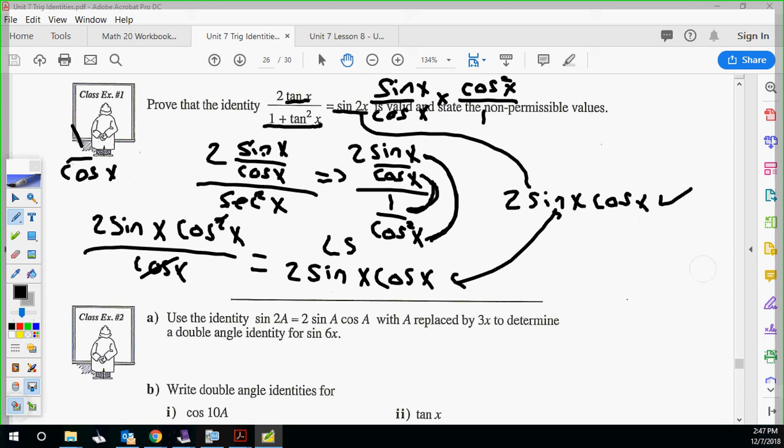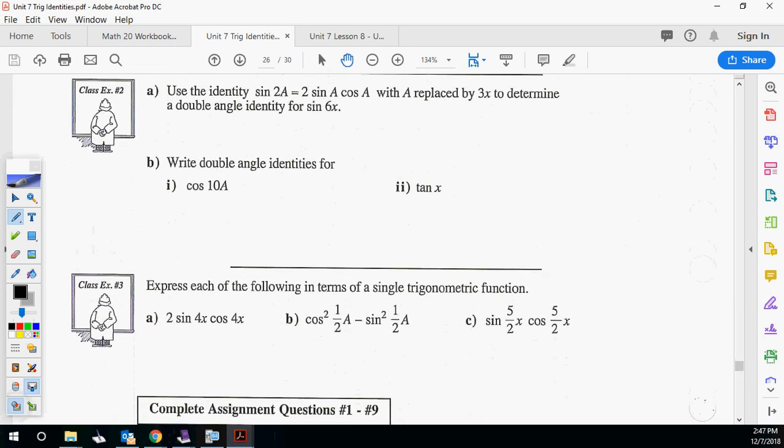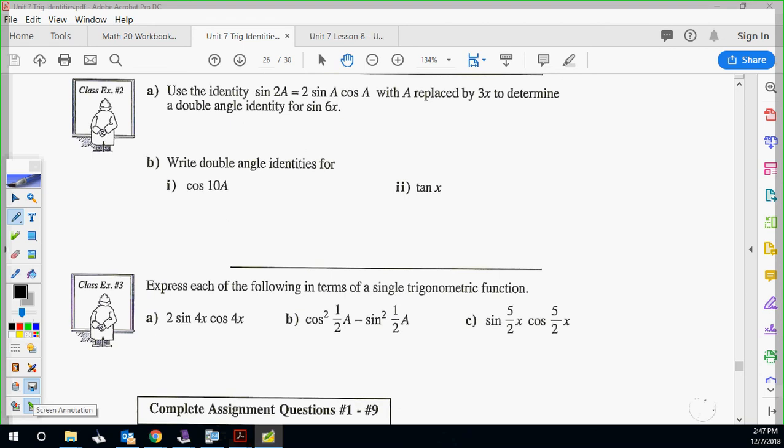All right. So example 2. Use the identity of sine 2a equals 2 sine a cos a, the one we just did, with a replaced with 3x, to determine a double angle for sine 6x. What they're saying here is we want to do sine 6x, but we want to write that as a double angle. So how do we like things to be written when we want to do double angle? We want there to be 2 times something.